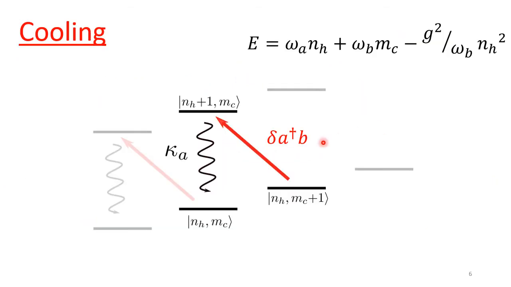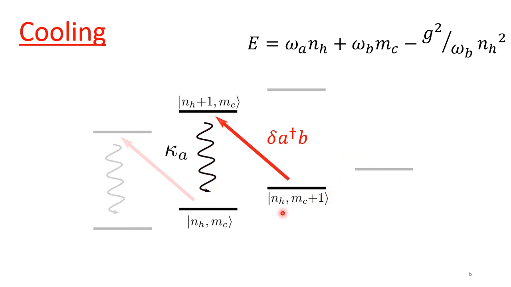Here in this slide we have the energy structure for the optomechanical system. These are the eigenenergies for the system, where n shows the number of photons in the cavity, and m shows the number of phonons in the mechanical resonator.